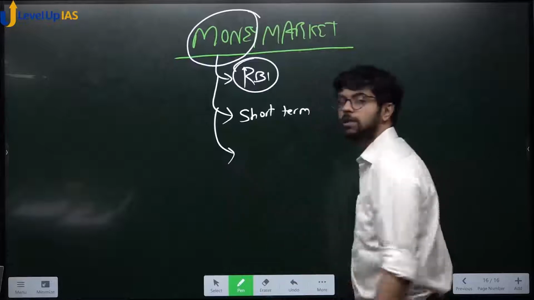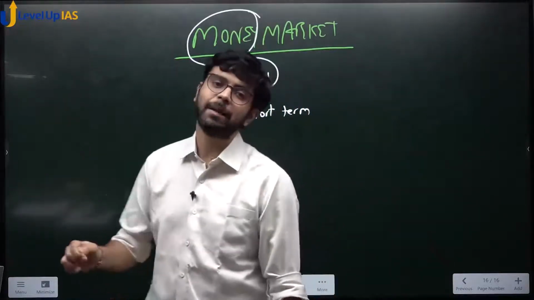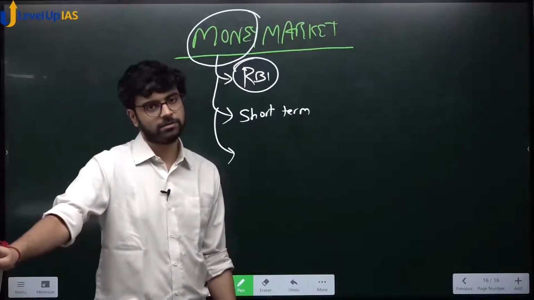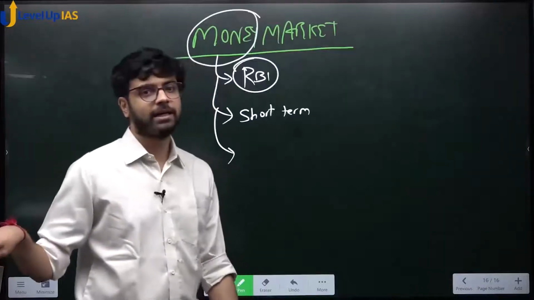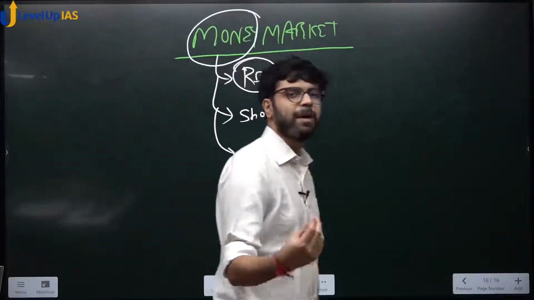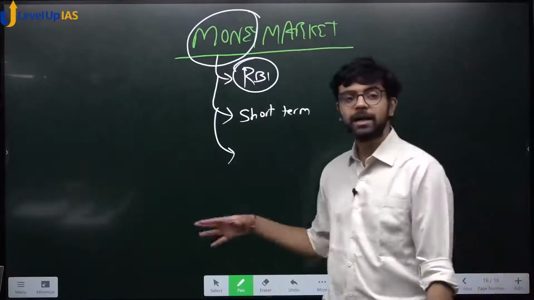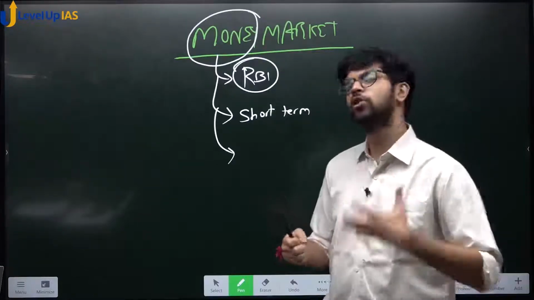Now tell me, the amount of money per transaction would be higher in capital market or money market per transaction? It will be higher in money market. Capital market mein you can even buy one small share, 15 rupees ka you can buy and you can sell. Money market is for high value transactions.